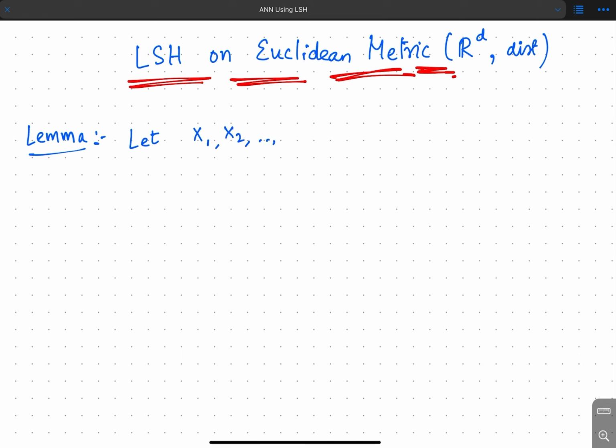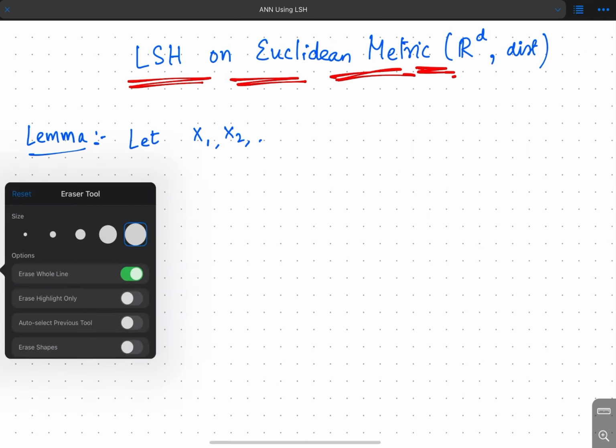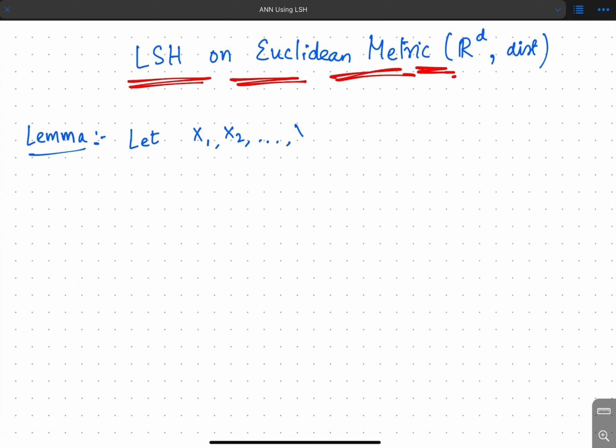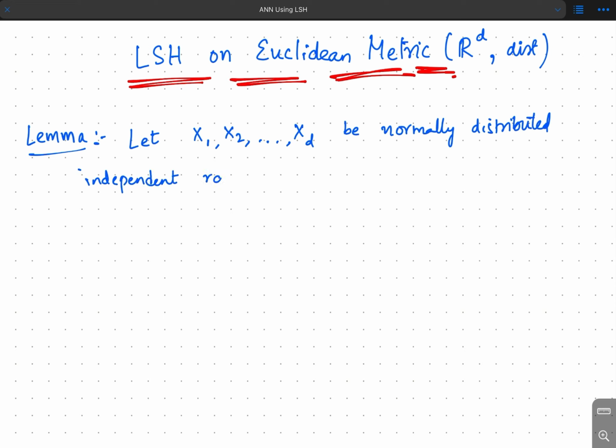Let x1, x2 and so on xd be normally distributed independent random variables. Let v1, v2 and so on vd be reals.